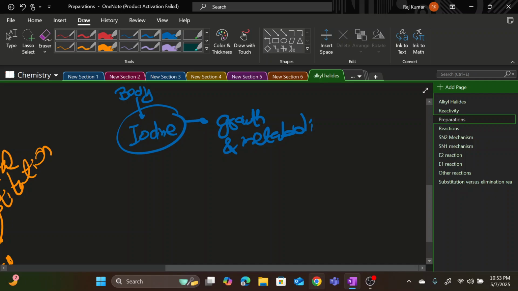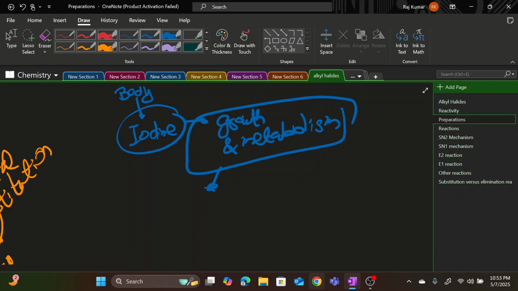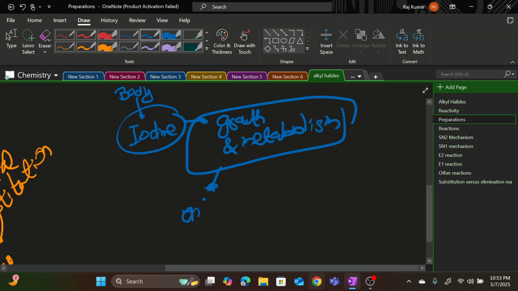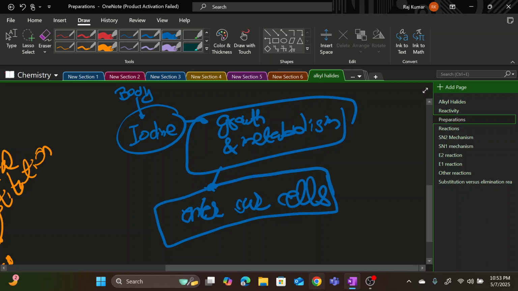So it is highly recommended by doctors and pharmaceuticals to take iodine in our diet. Whenever we are taking iodine in our diet, it's crucial for iodine to enter our body cells.